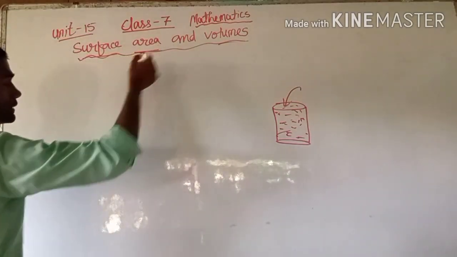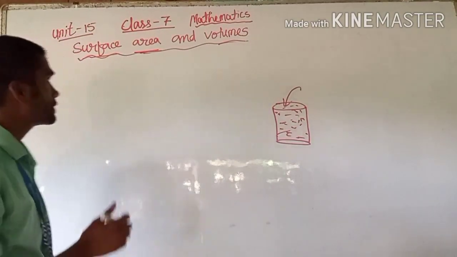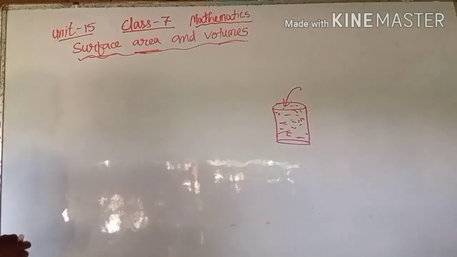So in this chapter we will discuss mainly about two things, that is cube and cuboid. So first let me say what surface area and volume mean.